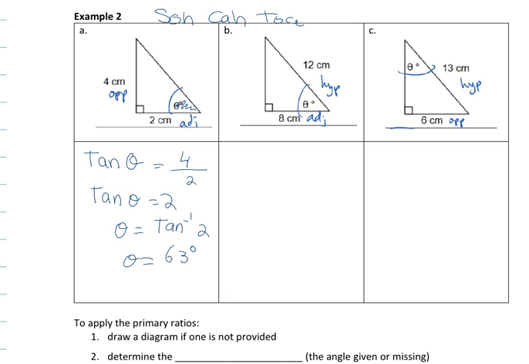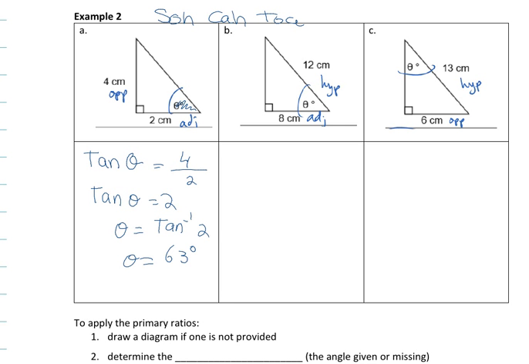Press that DRG button. It has to be degree. So second, tan. Make sure your calculator is in degrees, guys, otherwise it will not work. You do 2, and then press second. Okay?